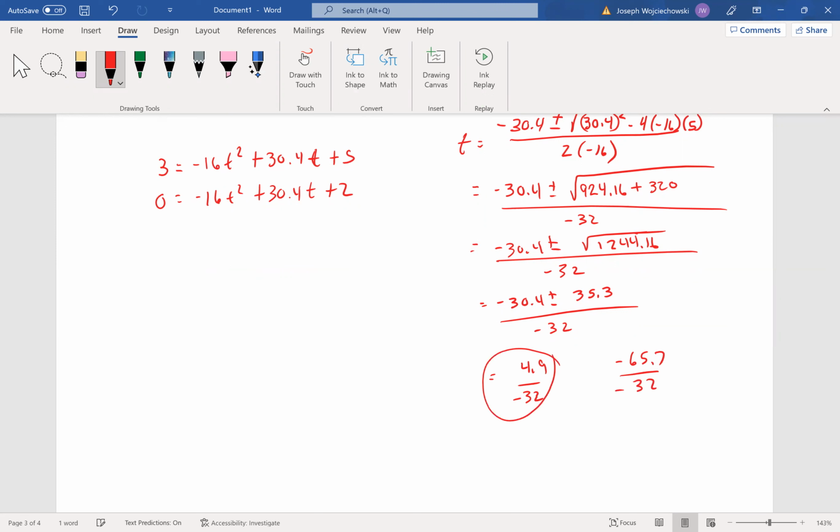This value here is going to be negative. We're talking time. Can't be negative. This value here is going to be positive, roughly 2 seconds. 65.7 divided by 32 is, and we'll round to 2.05 seconds.